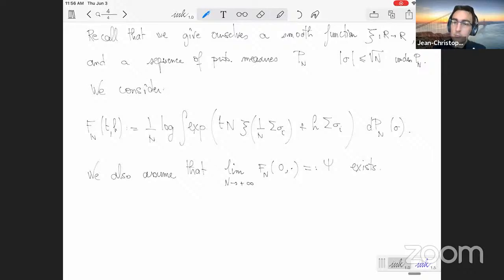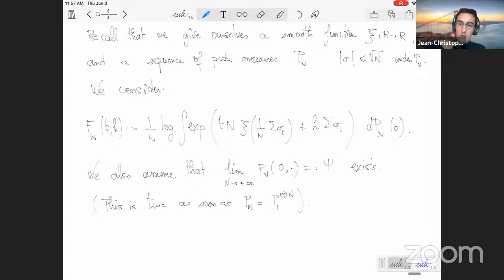So at any given point, Fn of 0, h, we assume that it converges to psi of h. And this assumption is valid, for instance, as soon as we assume that the measure Pn is a product of a fixed measure, as soon as Pn is of the form of P1 tensorized n times.